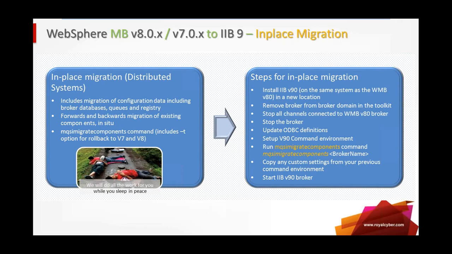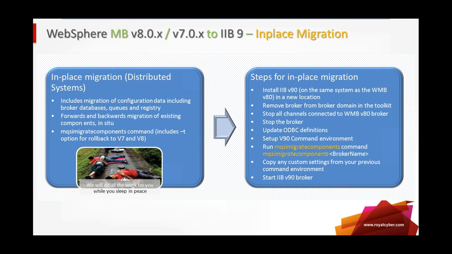So the first step is, if you do the in-place migration, it will migrate all your configuration data along with your queues and registry, and to do that you have to use the mqsimigratecomponents command. When you use this command, your old broker configuration data, your database, queues and your registry will get migrated to the newer version of the broker.